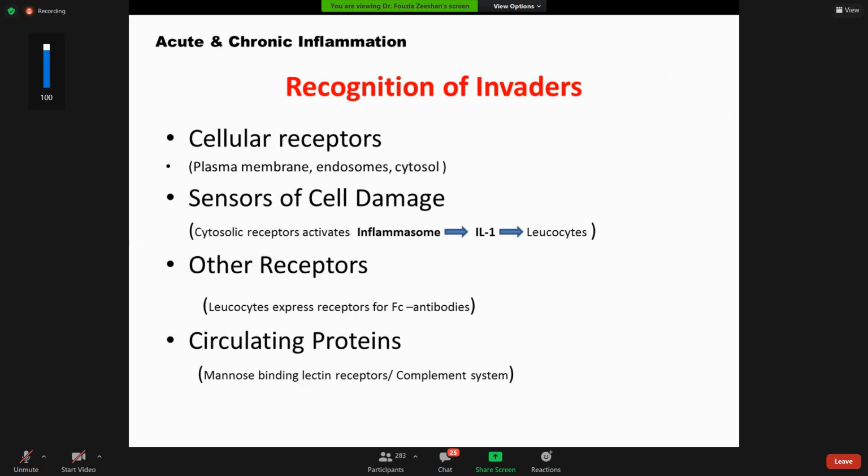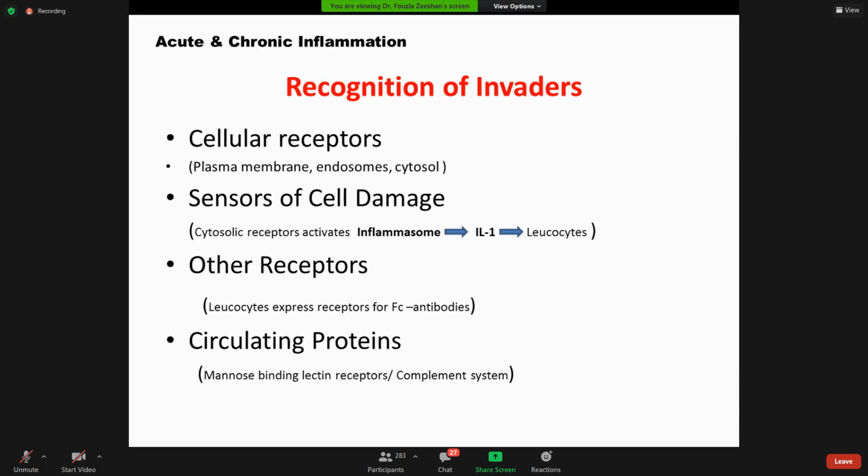Recognition of invaders. Whenever our body comes across any foreign particles or microbes, how does our body recognize those aliens, those invaders? We have receptors. Our body is blessed to have different receptors.